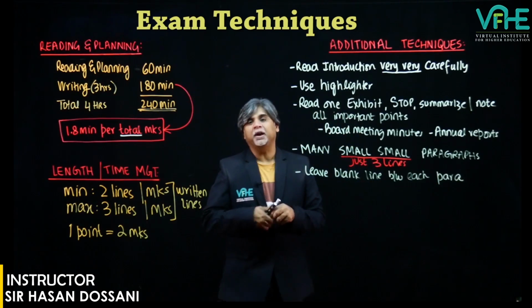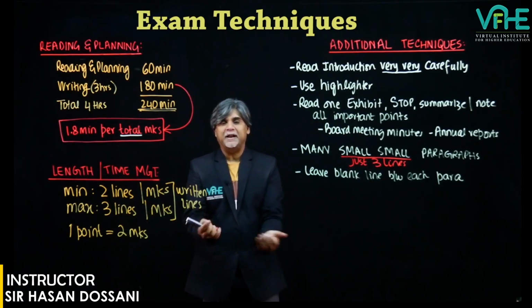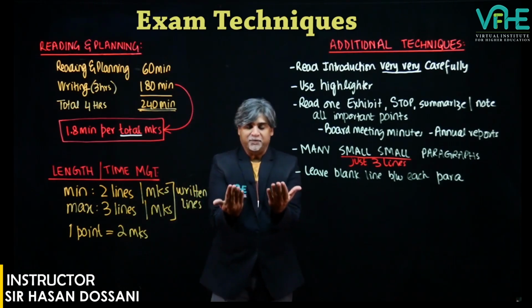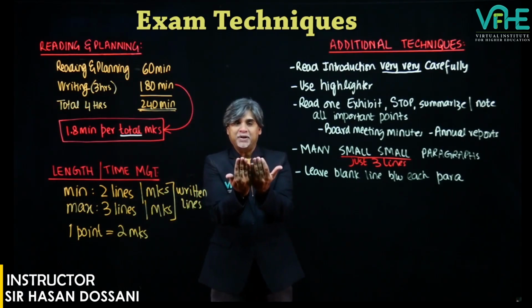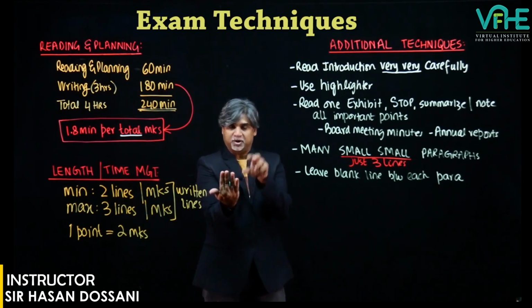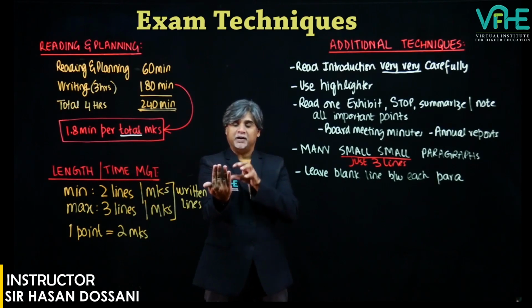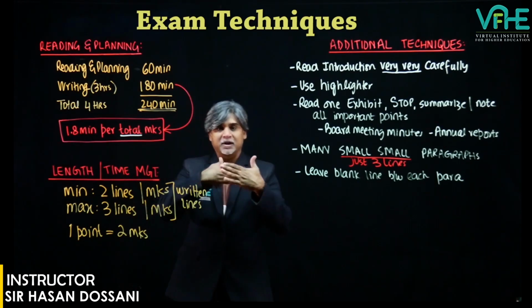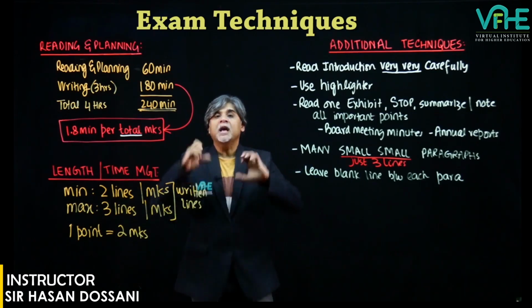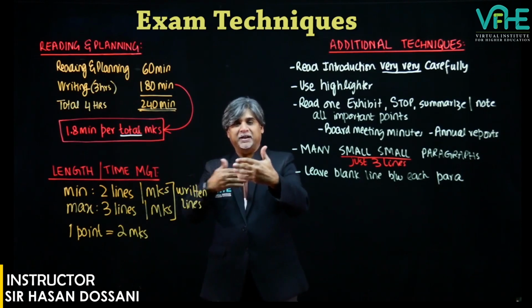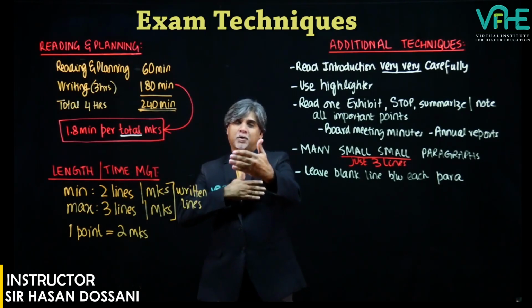that you are expected to leave 1 empty line or blank line between each para, so that visually the examiner or the paper checker can see that you have mentioned 5 distinct paragraphs, which means 5 distinct points. When you don't leave a line between paragraphs, sometimes visually it's difficult to see whether it's a separate paragraph or one paragraph.